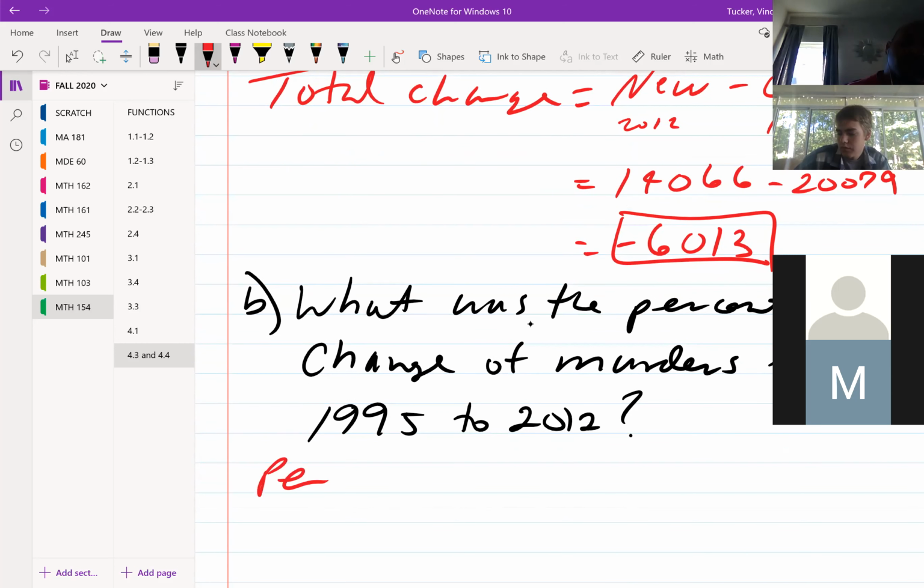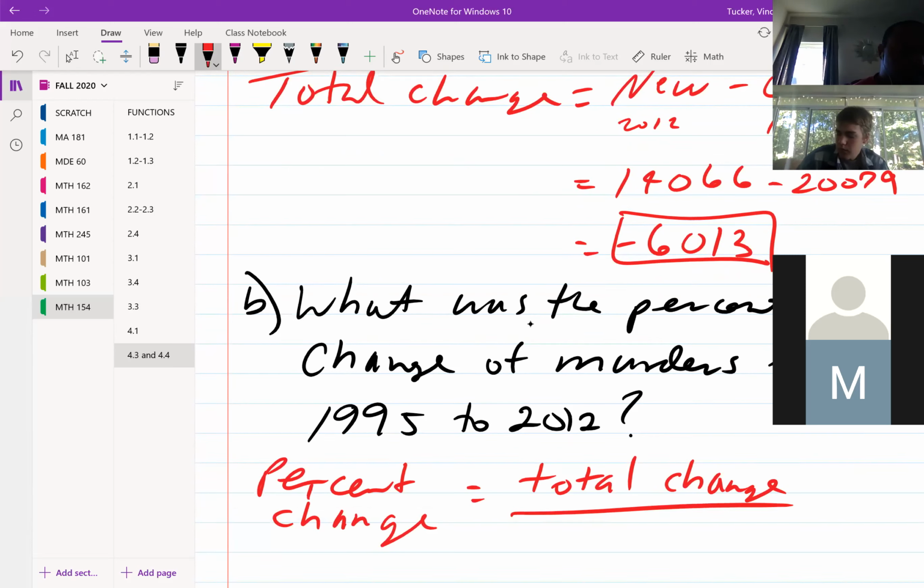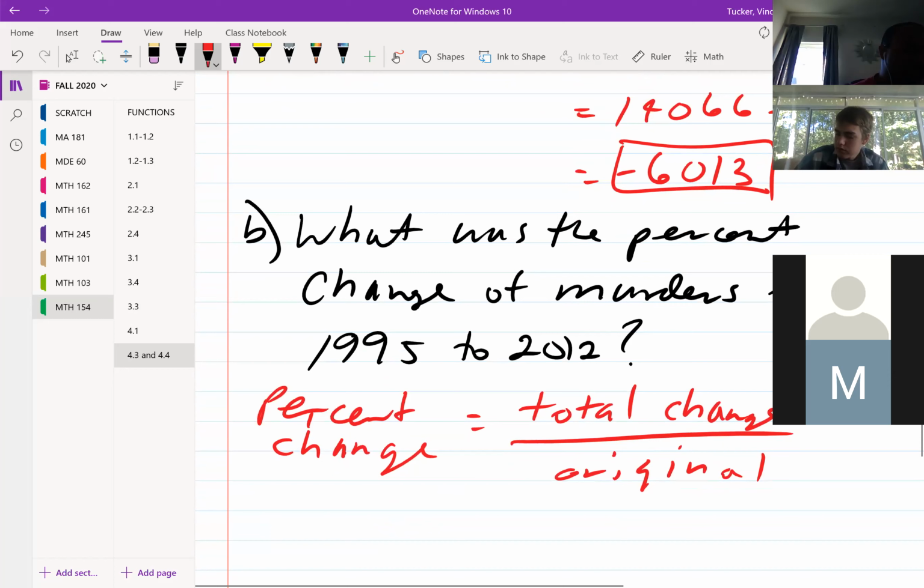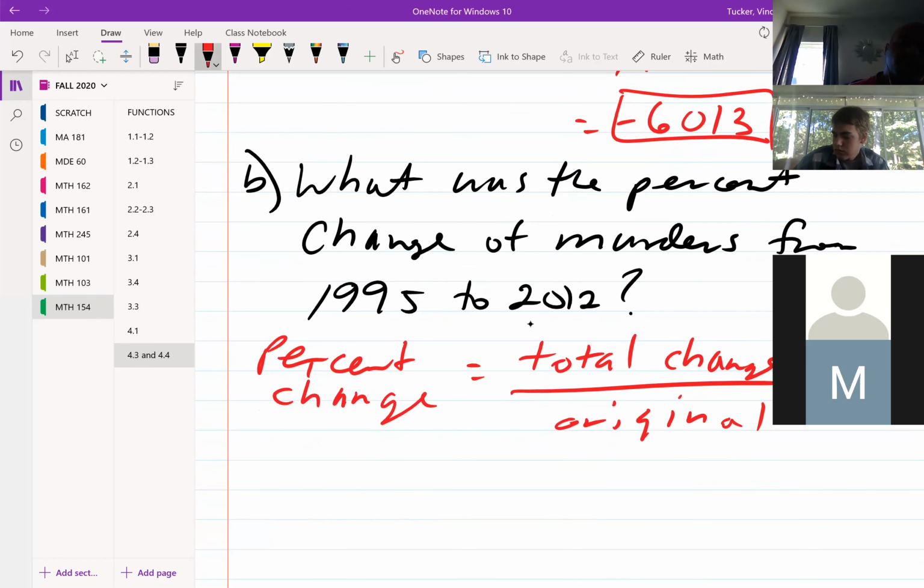So you take that total change and put it over the original amount, which was 20,079. Highlight the decimal.